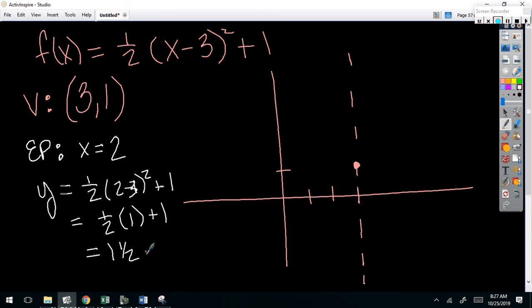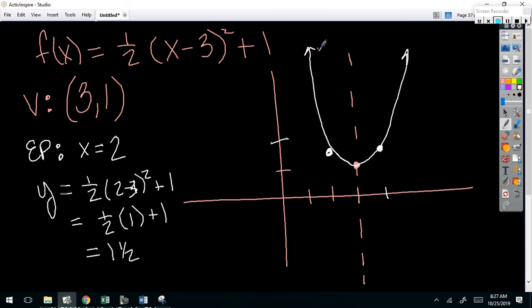So 1.5. One and a half. Yep. Sure. The further you get away from the vertex, the higher it goes, up really high, really low, really fast.